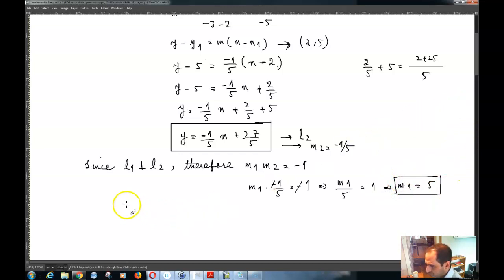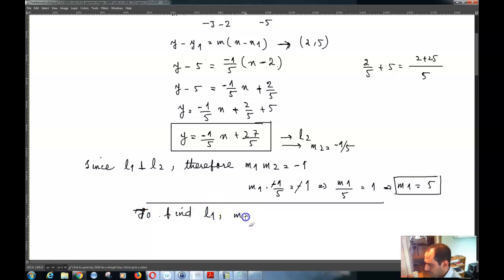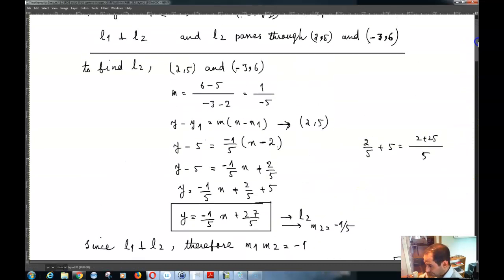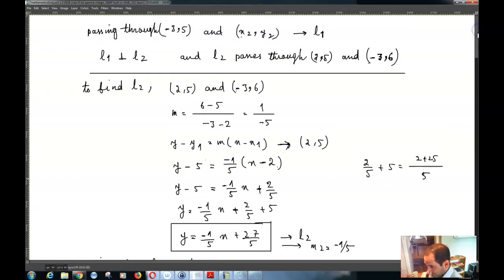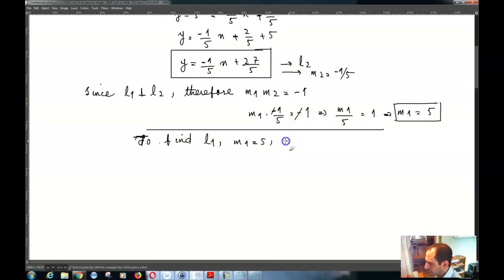So now to find L1, M1 is equal to 5, and a point on the line was negative 3, 5. So you have y minus y1 is equal to m times x minus x1.